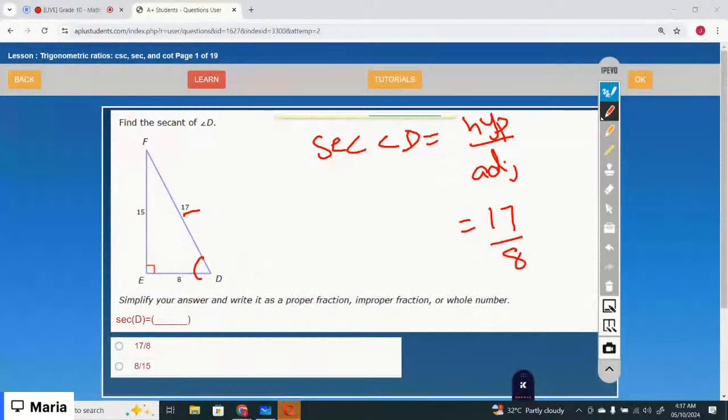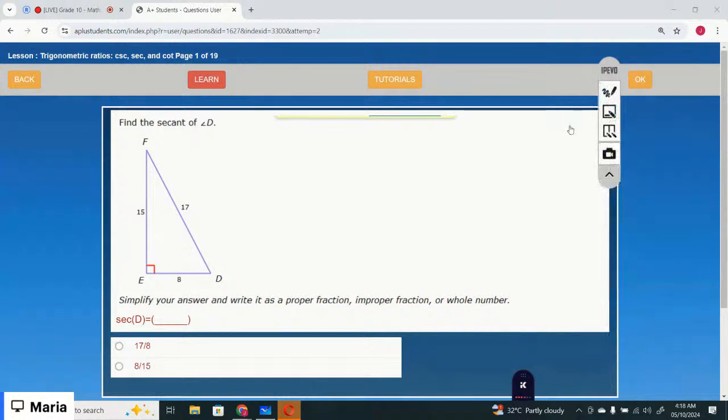Option number 1 is the correct option, that's 17 over 8.